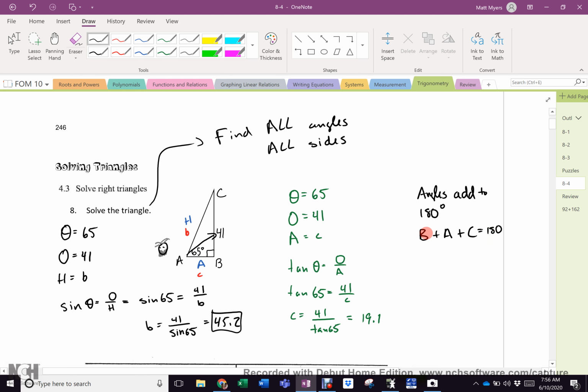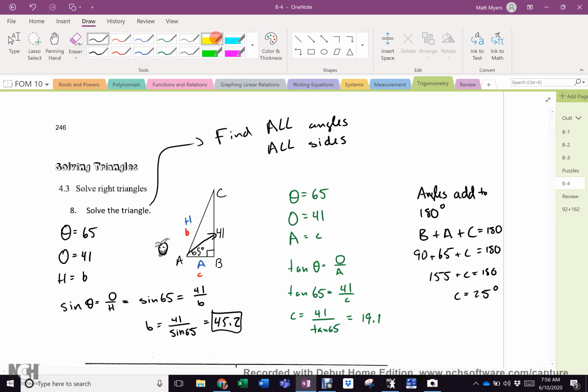B is 90. So 90 plus A plus C has to equal 180. A is 65. So 155 plus C has to equal 180. So C has to equal 25 degrees.